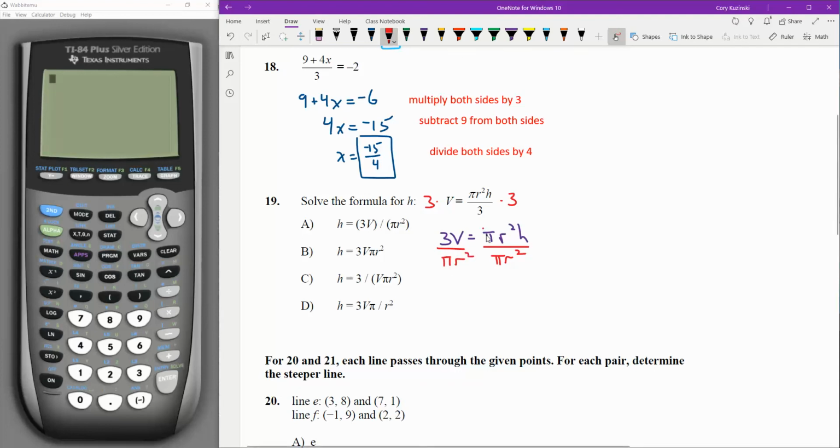All right, and pi's will cancel out, r squareds will cancel out, just like the 3's canceled out up here. We end up with 3v over pi r squared equals h. And that is choice A right here. 3v over pi r squared equals h.